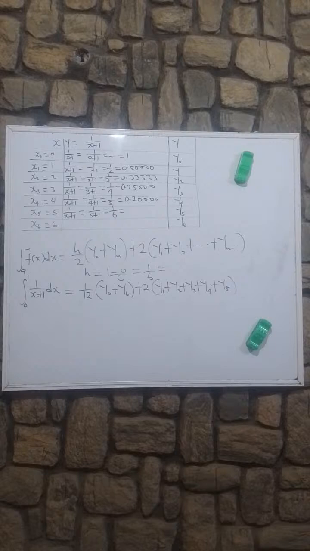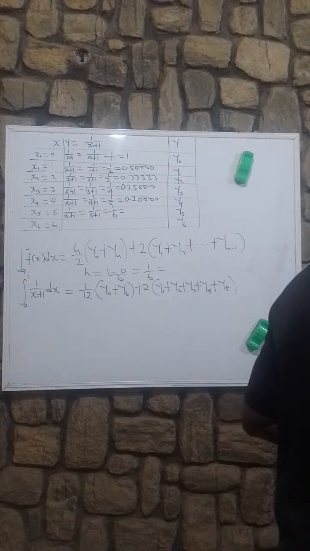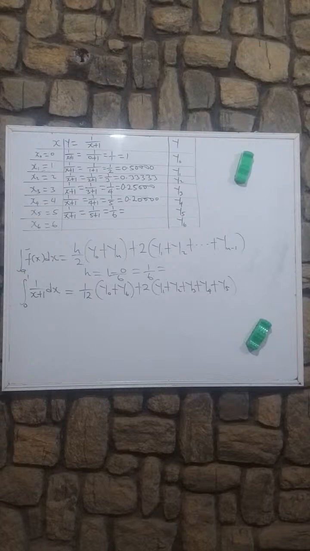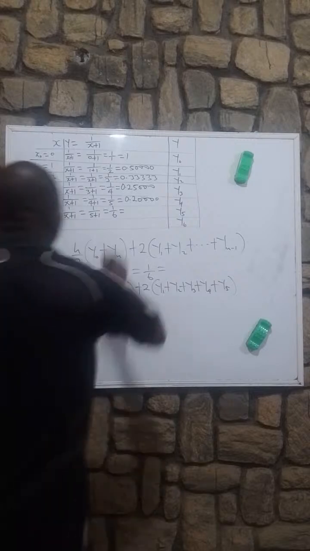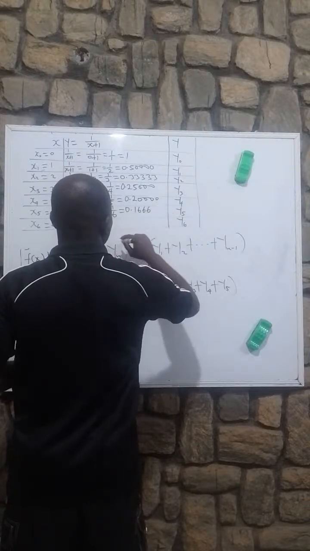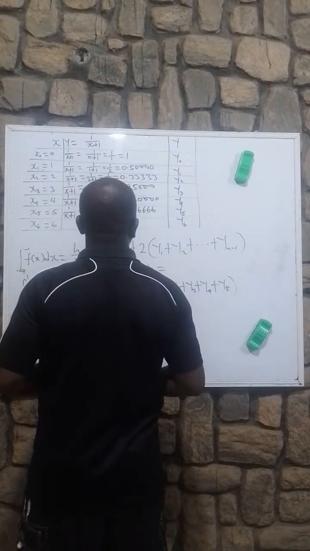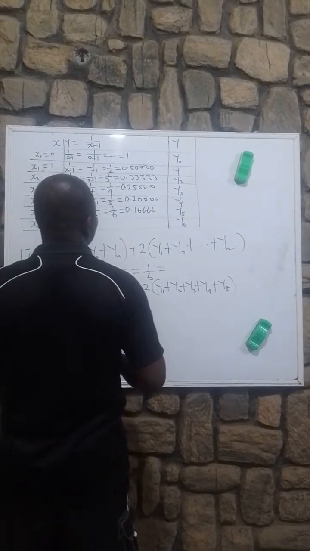Are you sure? One all over 6 will give us 0.1666. Okay? So here we are going to have 0.16666, right?